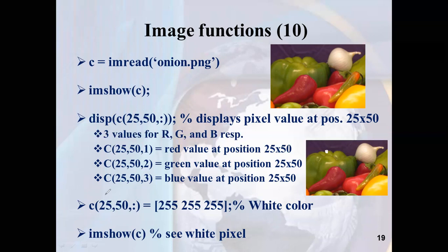So here, rather than using 1 pixel, we can use different pixels. For example, 25 to 35, 50 to 60, equal in this case 255. I will write it here: C(25:35, 50:60) equals 255 times ones.